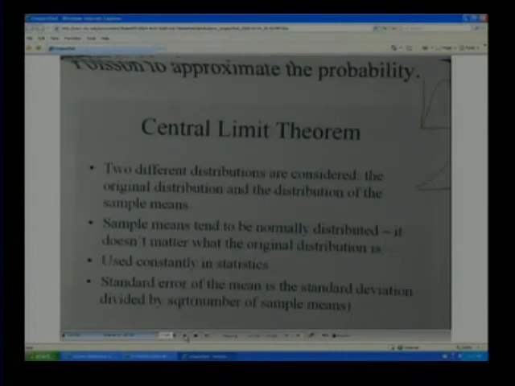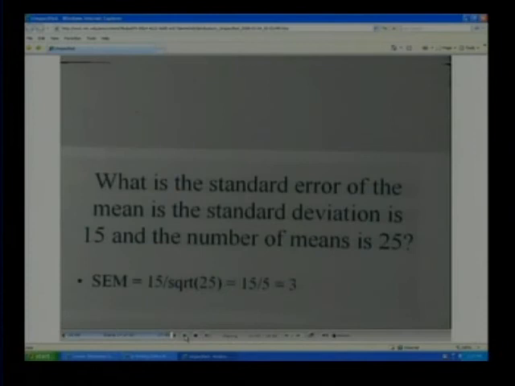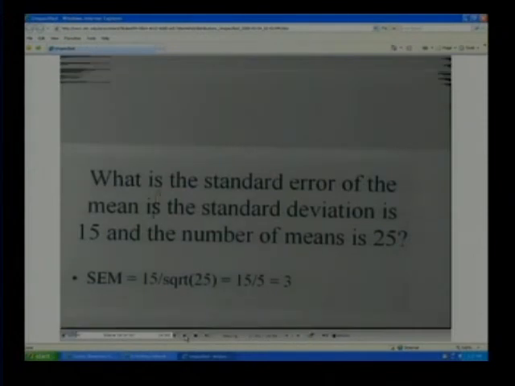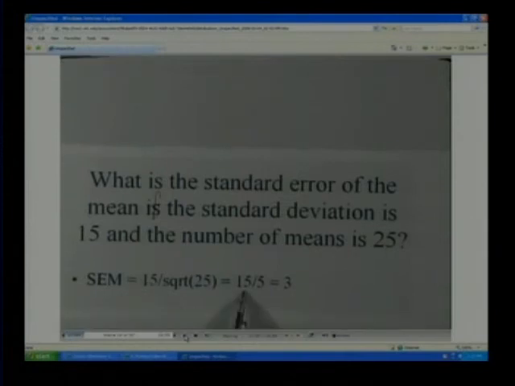So let's do one of those. What is the standard error of the mean if the standard deviation is 15 and the sample size is 25? We just take 15 divided by the square root of 25, 15 divided by 5, which gives me 3 for the standard error of the mean.